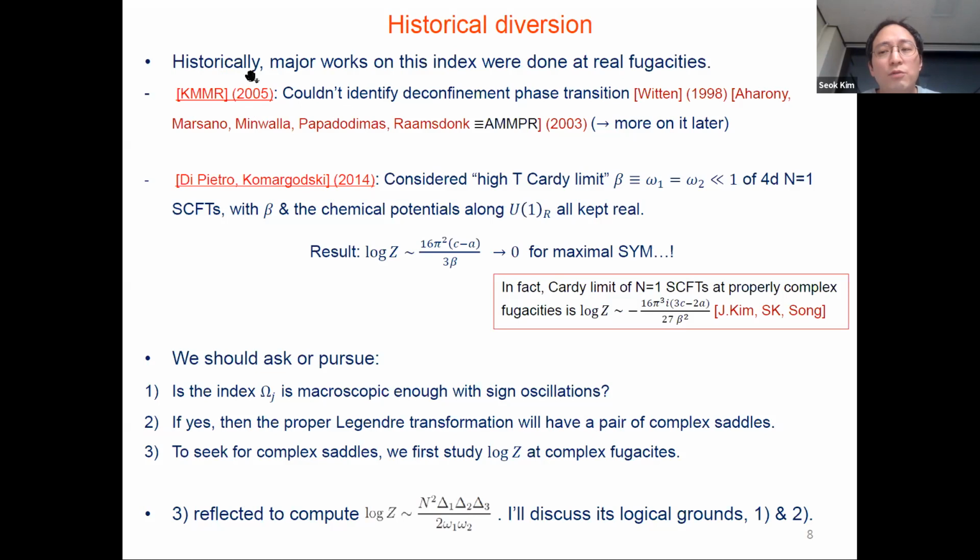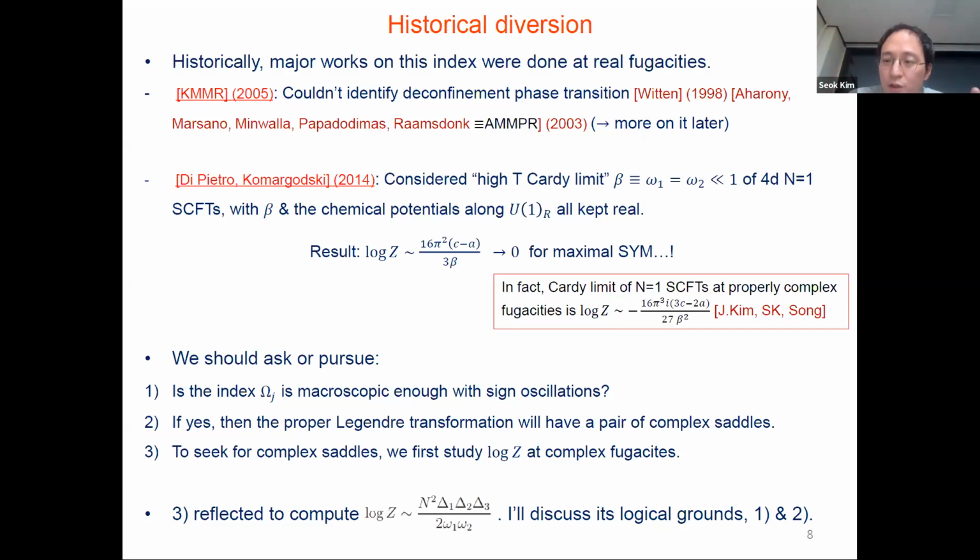The thing is that I try to emphasize the role of complex chemical potentials and complex fugacities, but naturally people thought of doing normal thermodynamics at real fugacities. Okay, so in the old days, people tried to understand the behavior of this macroscopic index at the real slice of chemical potential. Okay? And all the papers that I'm going to mention here are actually done in the grand canonical ensemble picture, so it's not coherent with my microcanonical picture.